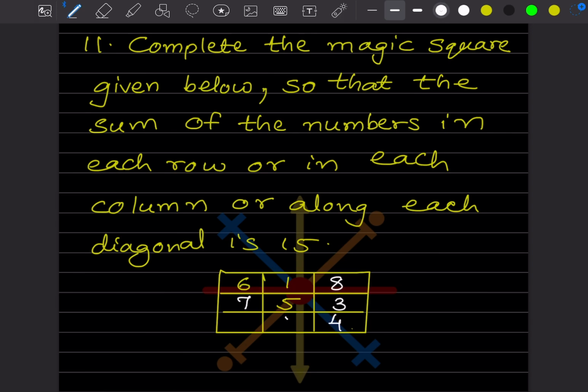So now this is going to be 2, because your 13 plus 2 is going to be 15. And now if we consider this one, this is 6. So this is going to be 9.